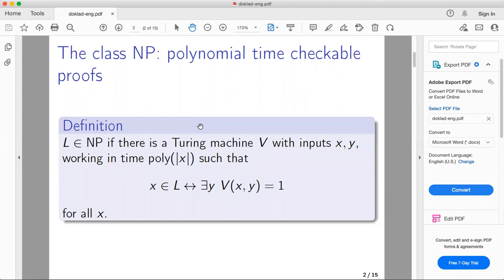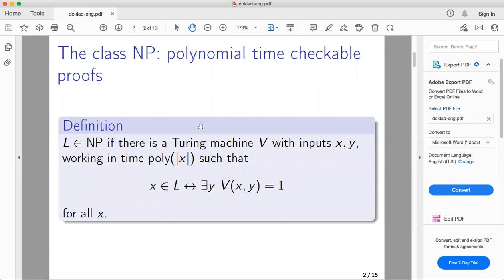Formally, we say that a language L is in the class NP if there is a Turing machine V, whose inputs are binary strings X and Y, which works in time bounded by a polynomial in the length of X and has the following property.